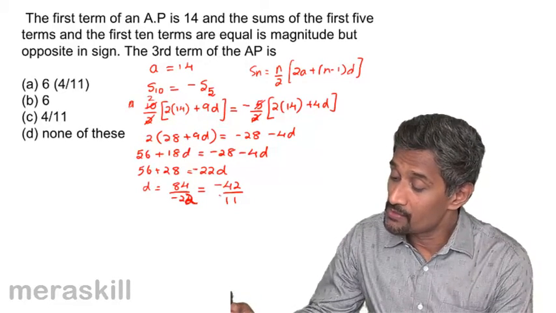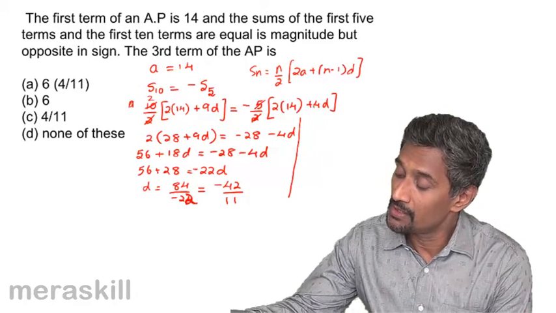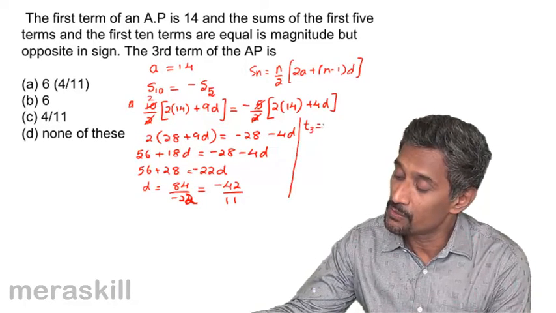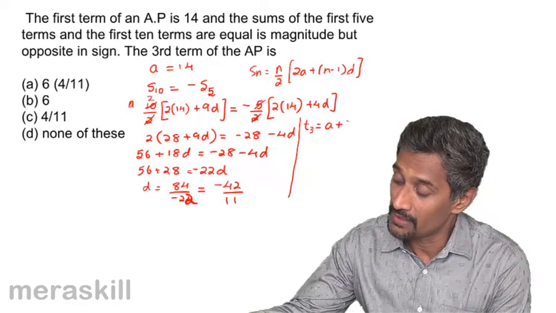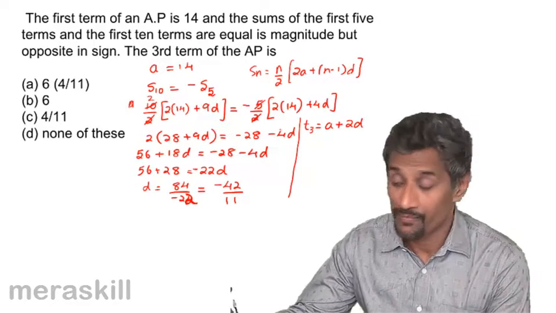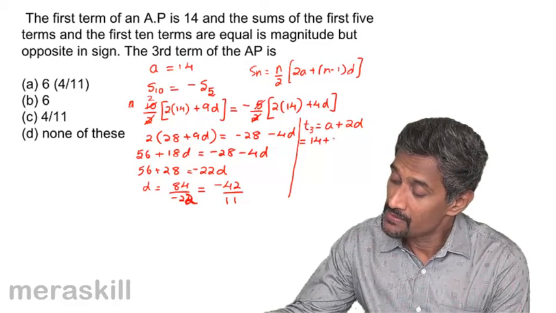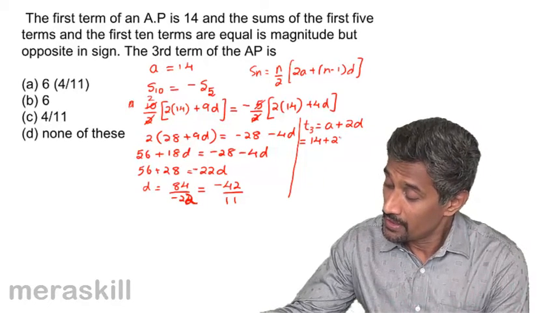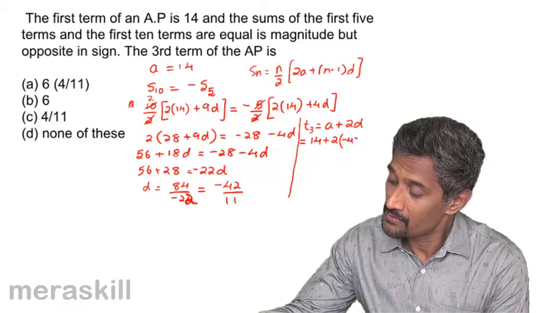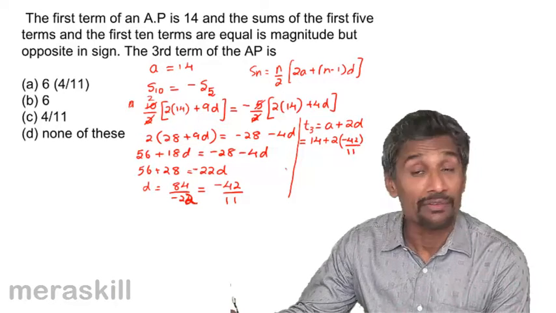Now you have been asked to find the third term. The third term, that is T3, would be a plus 3 minus 1, that is 2d, which will work out to be 14 plus 2 into minus 42 by 11.